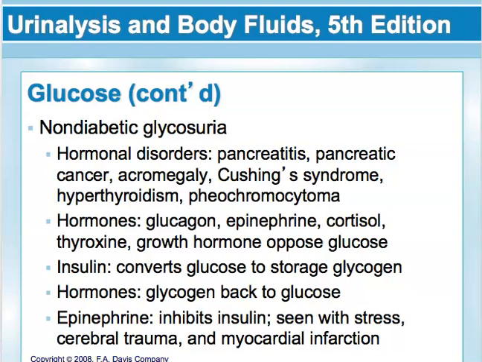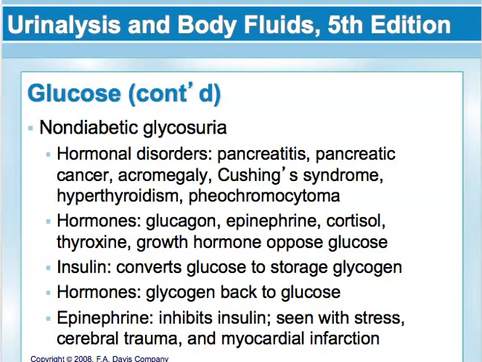Normally, insulin converts glucose to glycogen, which is the storage form of glucose the body releases when it's needed. And that storage is glycogenesis. But these hormones cause the breakdown of glycogen back to glucose, which is referred to as glycogenolysis, which results in increased levels of circulating glucose.